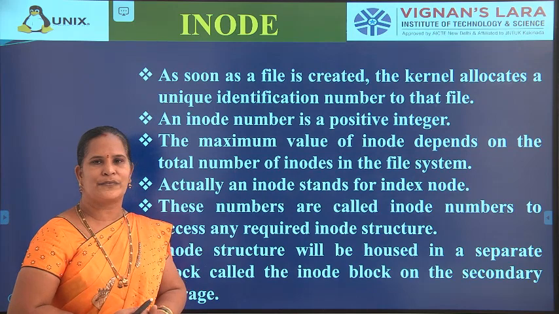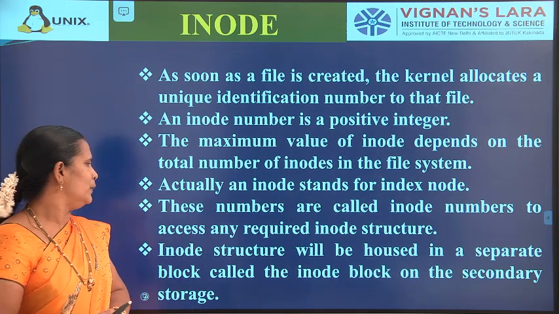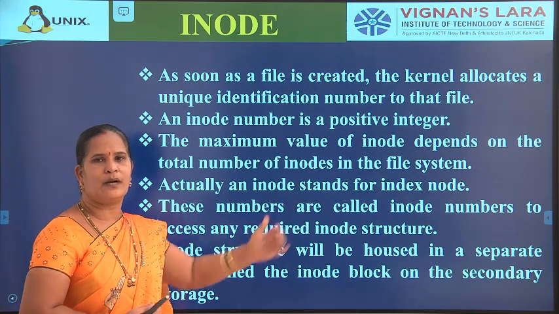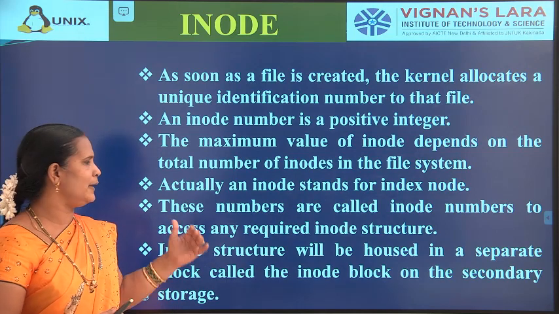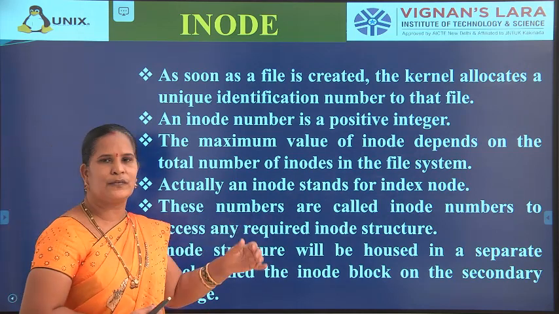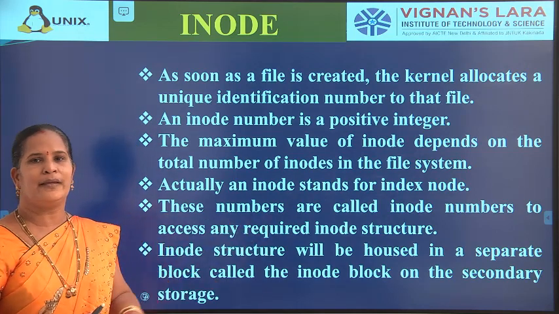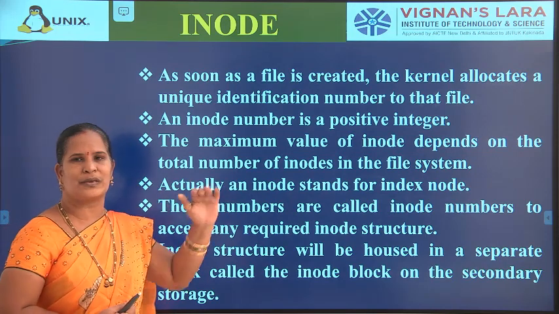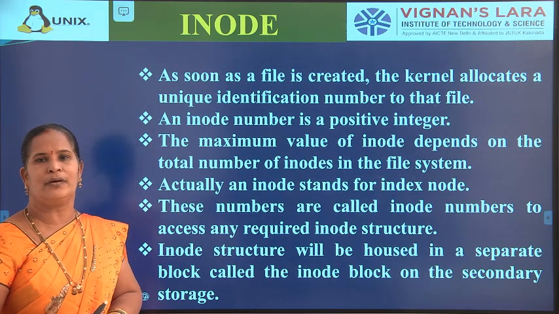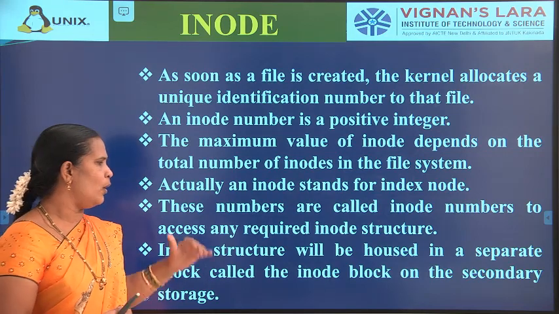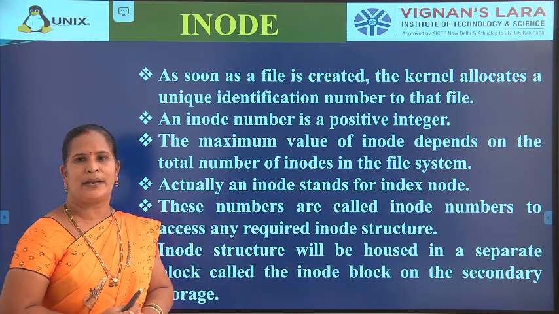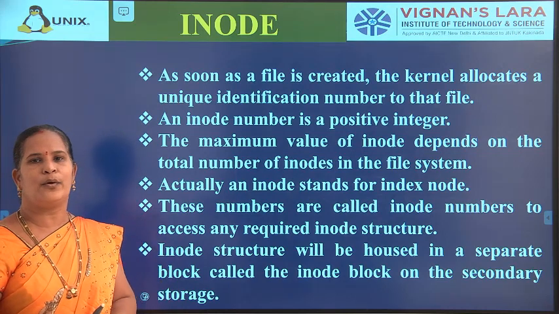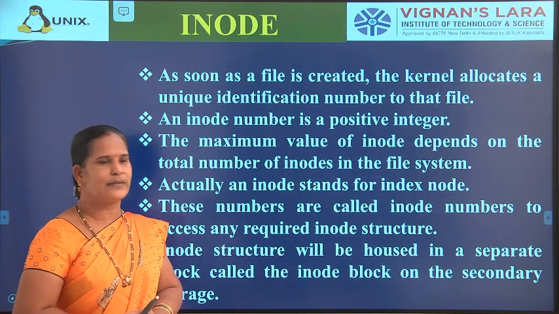Inode stands for index node. These numbers are called inode numbers, or file identification numbers. These are used to access any required specific inode structure. These inode structures are maintained in the form of an array. All of these are housed in a separate block called the inode block in the secondary storage area.